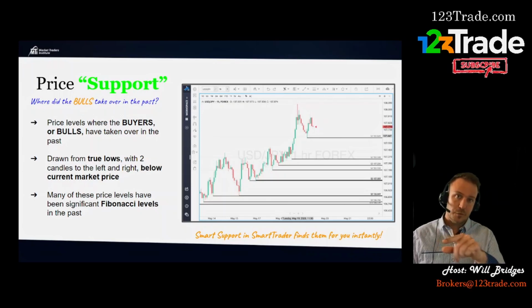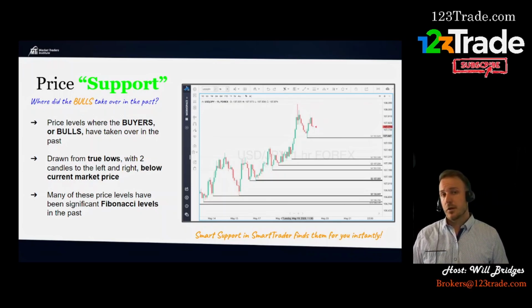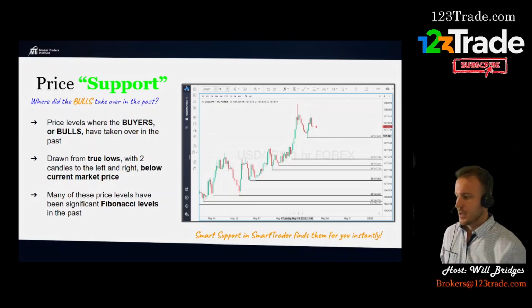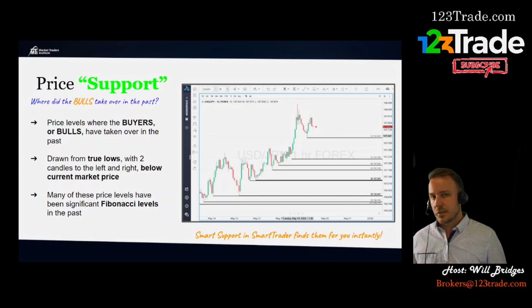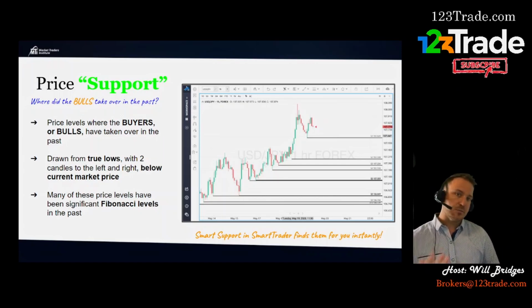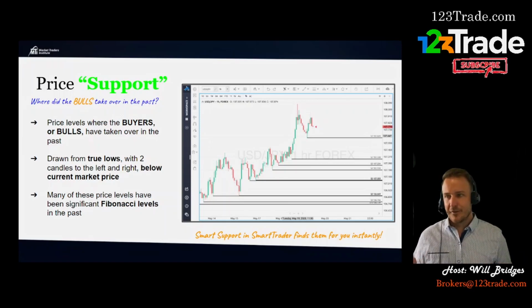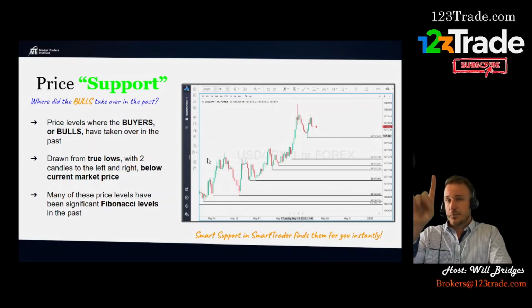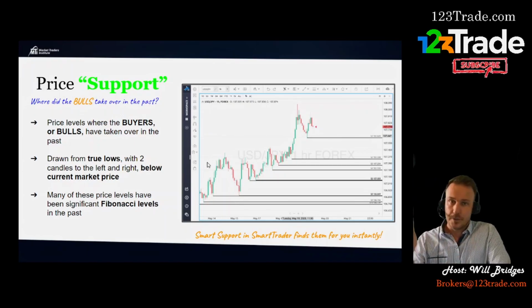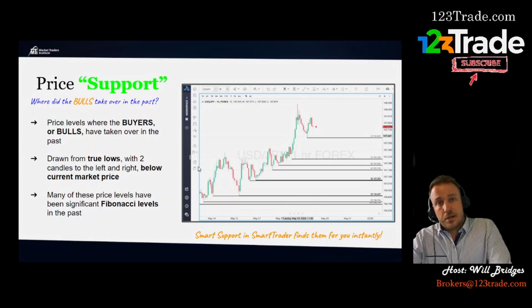You would draw from the true lows to look for the support levels, and from the highs to get resistance. We're going to talk about that more in a second. Many of these levels are going to be Fibonacci levels, which is really interesting, but that's just how the world works out. That's how growth happens in Fibonacci ratios and ranges, and distorted movements it makes on a day-to-day basis, up, down, up, down all day. Sometimes more up than down, and sometimes the other way.